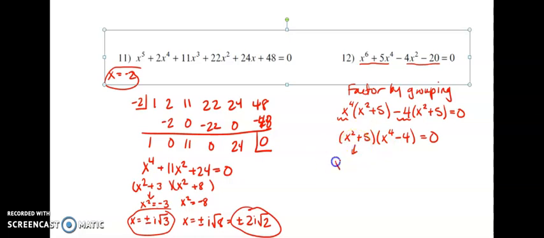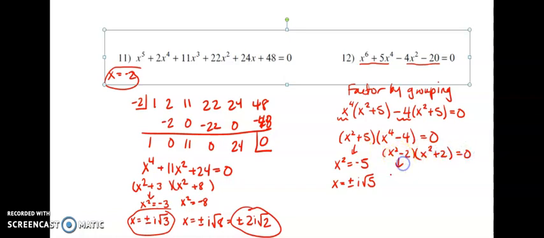When I solve this, x squared will have to equal -5. So x has to equal plus or minus i square root of 5. That's why that didn't show up on my graph. In this one, this is actually a difference of squares, x squared minus 2 and x squared plus 2.